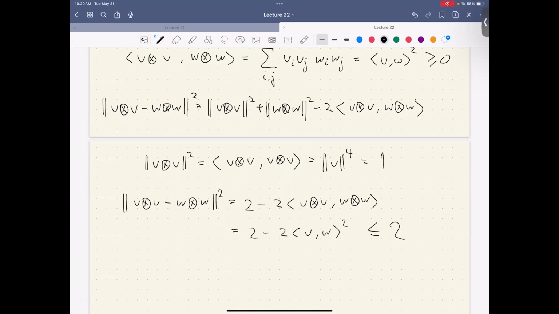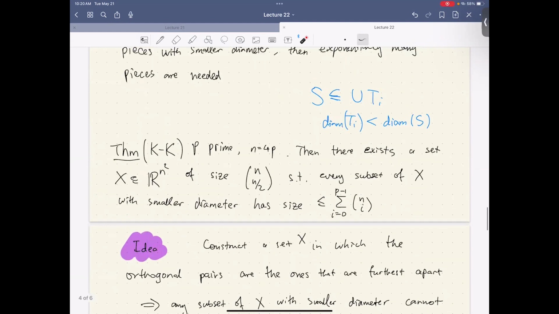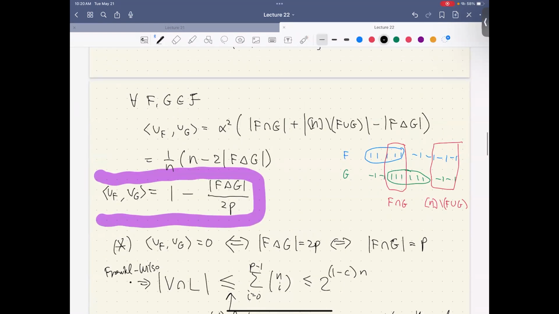All right. Now we just need to realize this is realized by an orthogonal pair, and an orthogonal pair by our observation here. Use this purple observation.